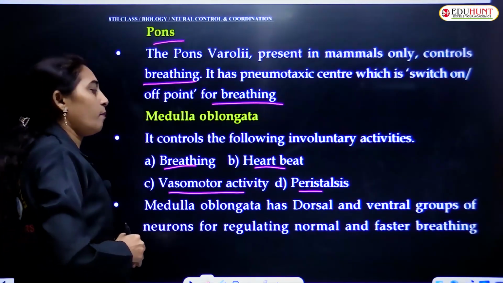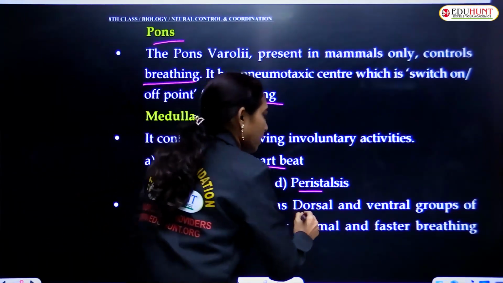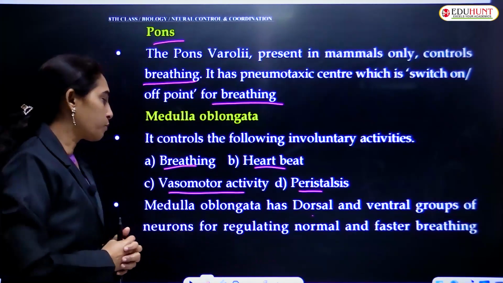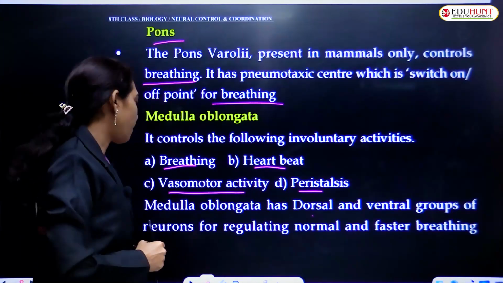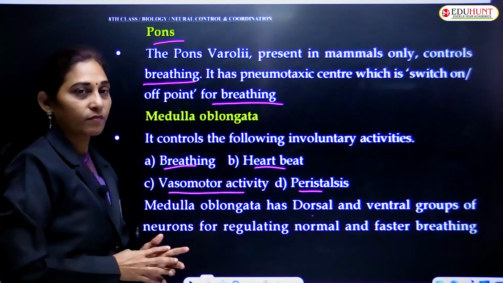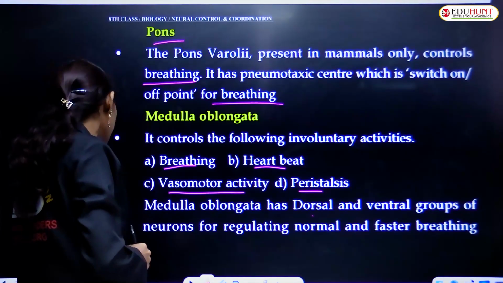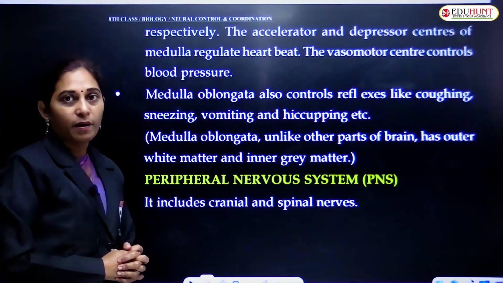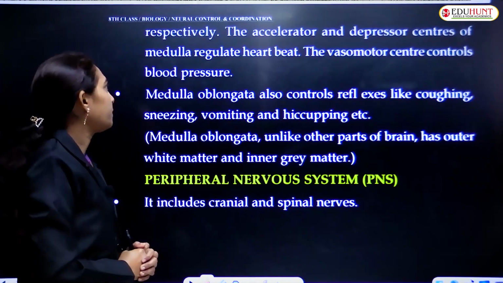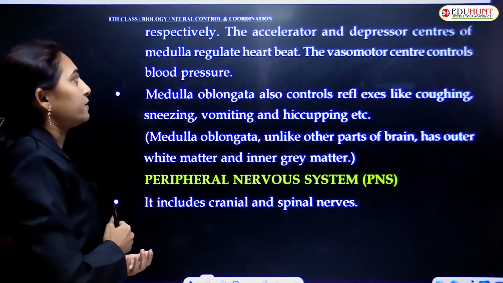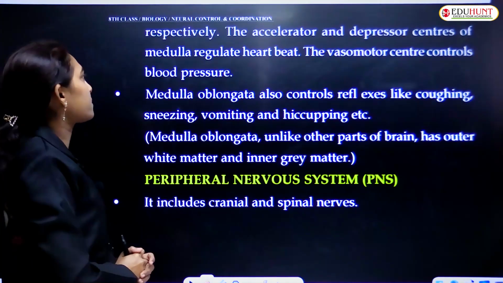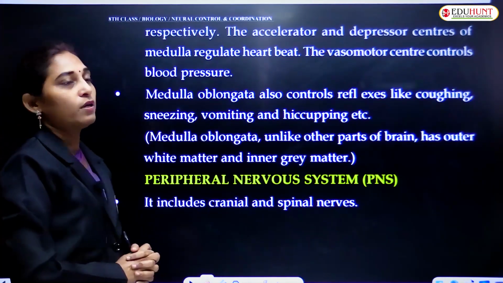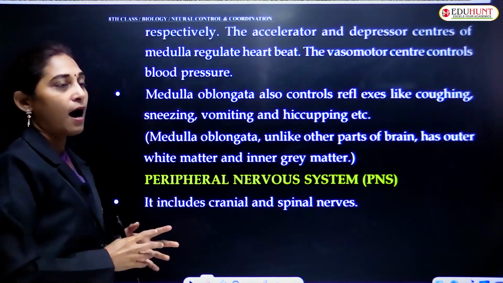Medulla oblongata has dorsal and ventral groups of neurons for regulating normal and faster breathing respectively. The accelerator and depressor centers of the medulla regulate heartbeat and vasomotor action.